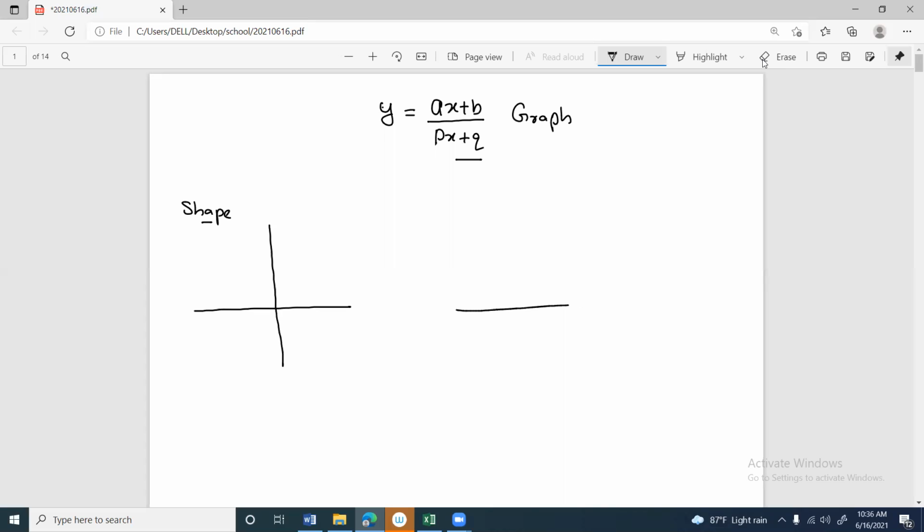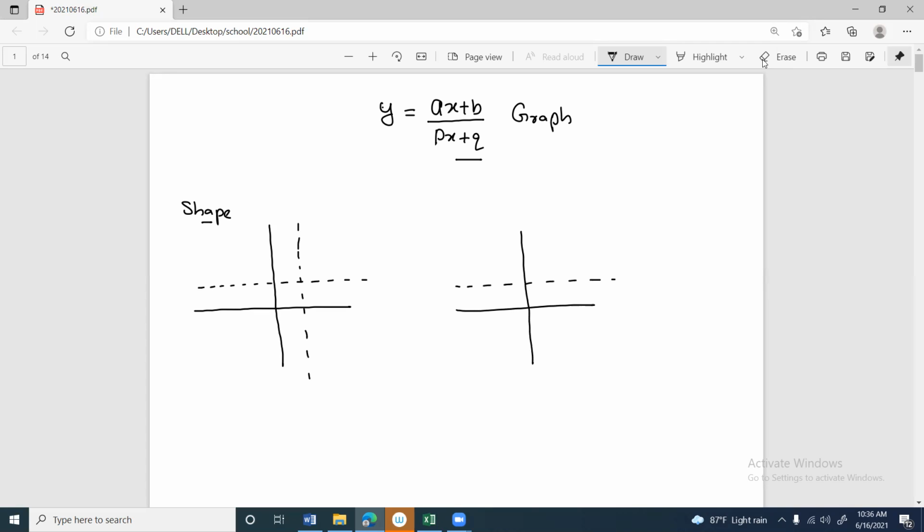Today our topic is to learn about the y equals (ax plus b) over (px plus q) graph. Basically, if you come up with a shape, it can be one of these shapes. You can see there is a horizontal axis of asymptote and a vertical axis of asymptote.